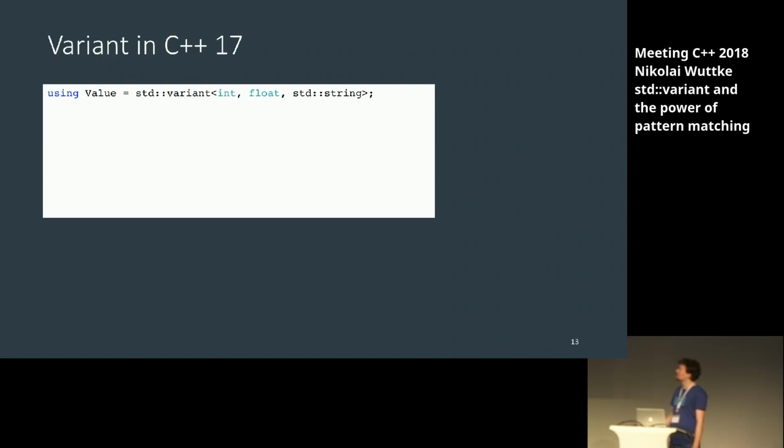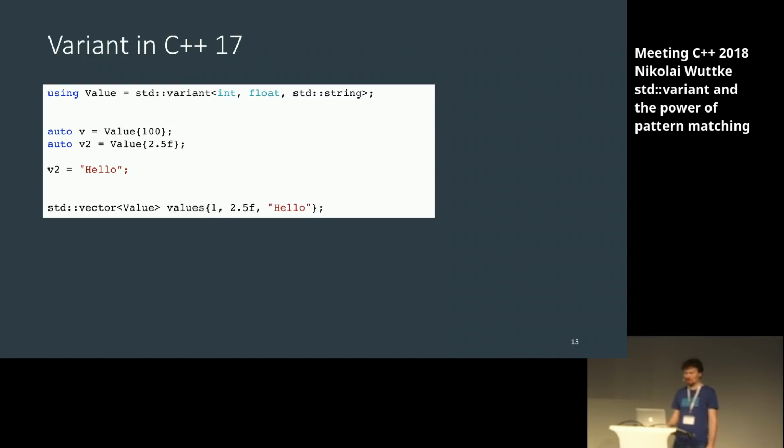So you can declare your variant, and then you can construct instances of it using either of the types that it can represent. Once you've constructed one, you can change its type by assigning something else. You can even put them in a vector because it has value semantics. So yeah, you can have a heterogeneous container if that's what you want.